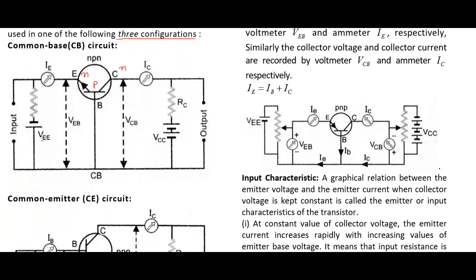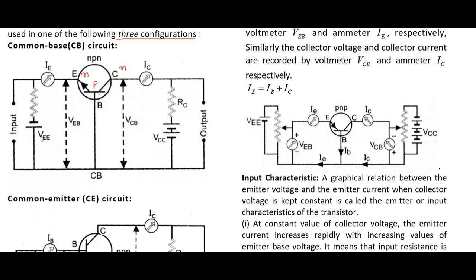So this cell is connected across emitter through a resistance, and this is an ammeter which measures the current IA. VEB is the voltage drop emitter to base. This is emitter and this is base. This is emitter to base voltage graph.